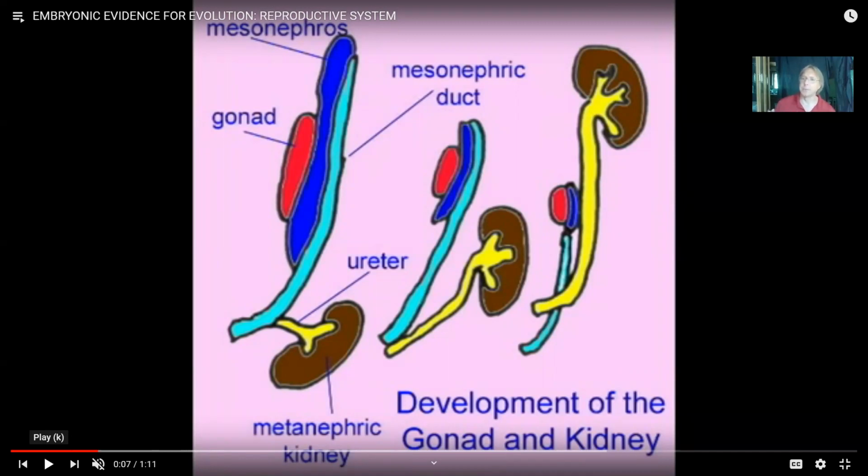We could argue perhaps about percentages, but perhaps about 30% of human conceptions do not make it to live birth. Many of the infants which are born are born with developmental defects, which have to then be corrected. So birth defects and miscarriage are serious problems for a developing embryo to avoid.